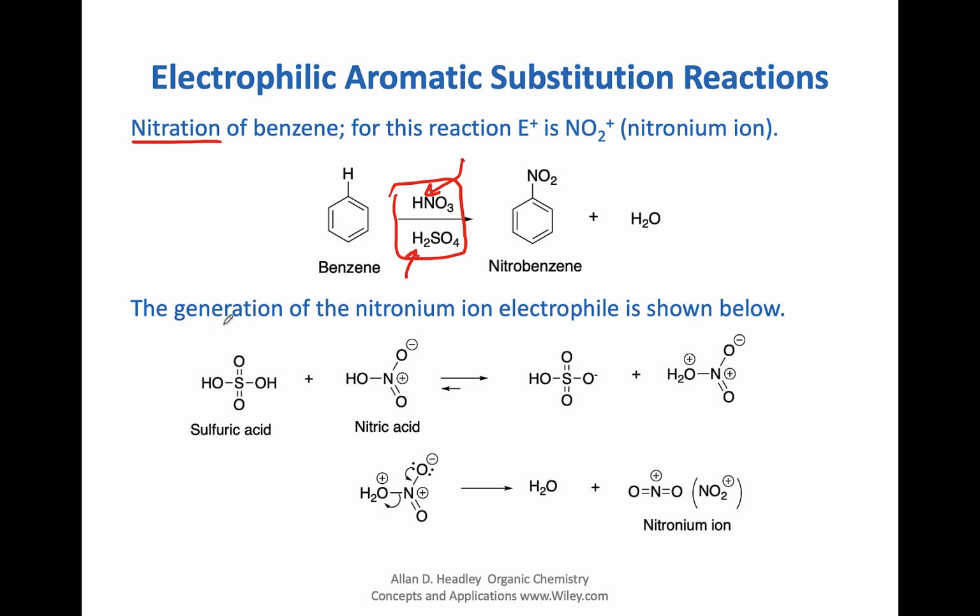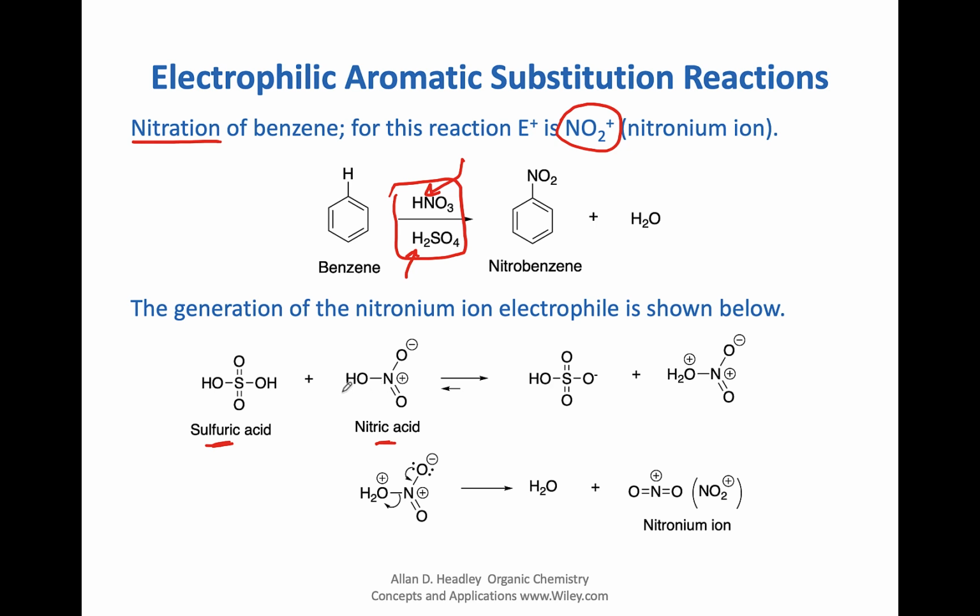So we need to generate here the NO2 plus, that is the electrophile. So sulfuric acid is mixed with nitric acid. Sulfuric acid is a much stronger acid than nitric acid. So sulfuric acid, being a stronger acid, will protonate nitric acid, as shown here.